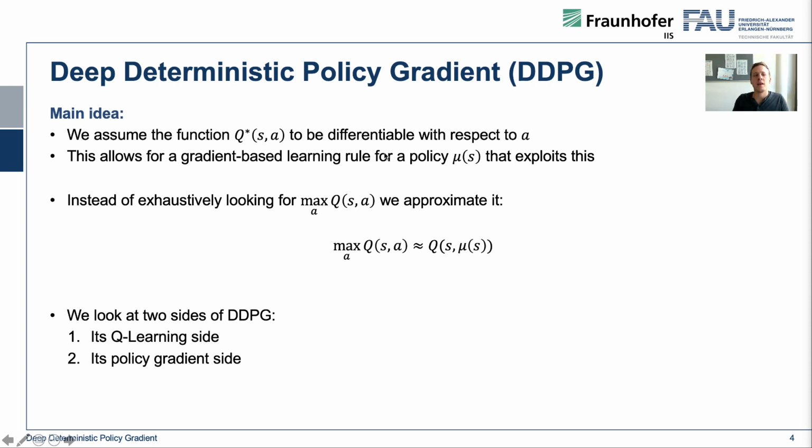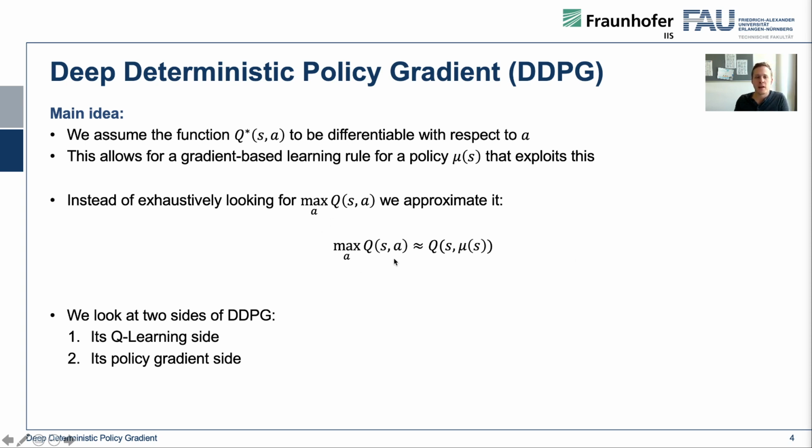Meaning that instead of exhaustively looking for our max Q over A, we just use a policy network to approximate this value. This is the general idea. So next to our Q function, we learn a policy function which is approximating the maximum Q value.